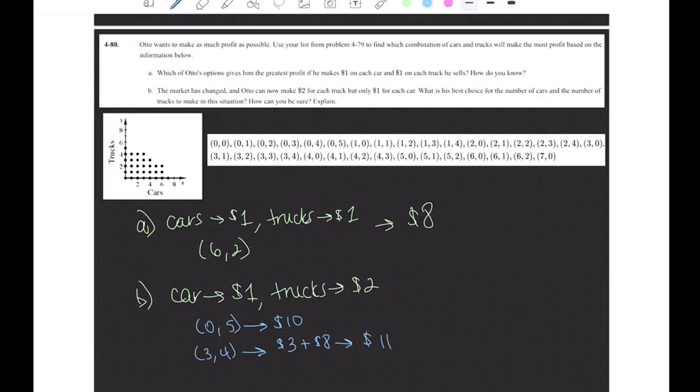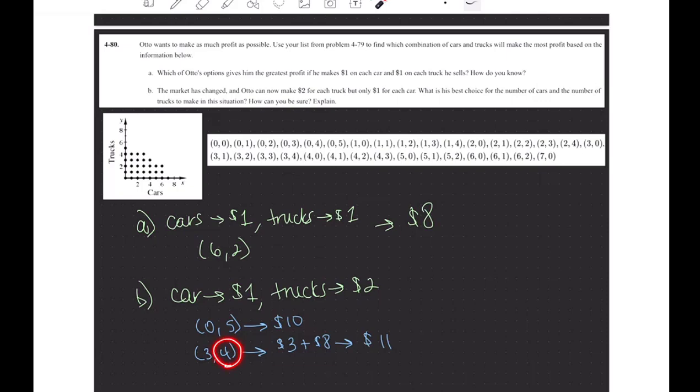So I think we want to try and keep our number of trucks to the highest, right? Is there any other one we want to try? I don't think so, right? Because this gave us the most amount of trucks, which gave us $10. So let's try dropping it down 1 and adding some cars and see what happens.